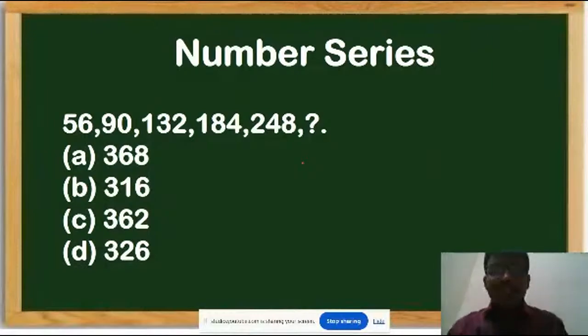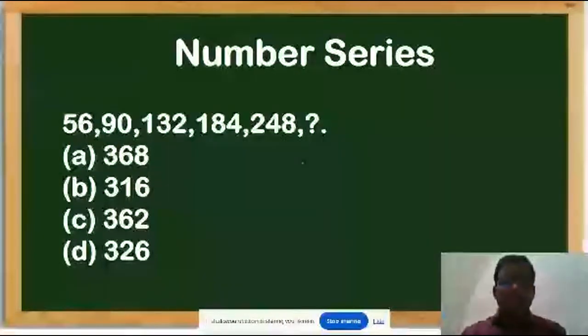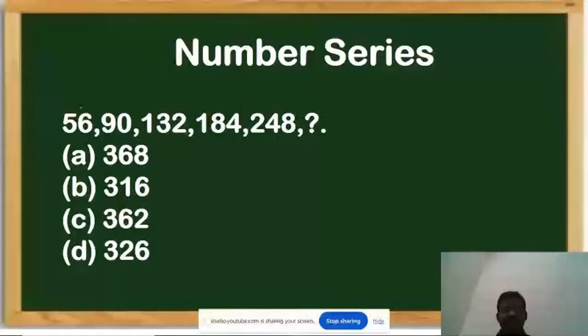So we have different types of examples: 56, 90, 132, 184, 248. So this is the first class for everyone. So hope you try to understand.